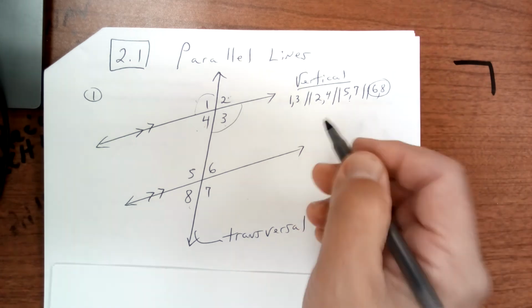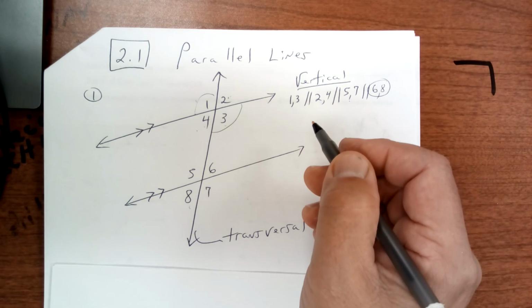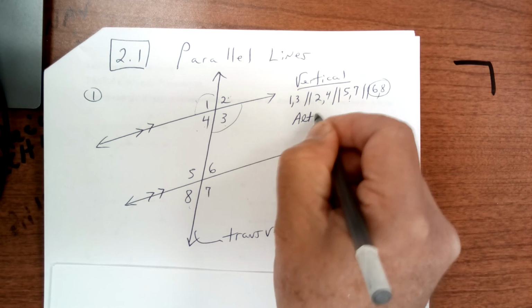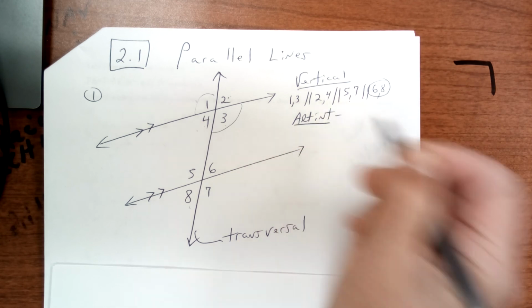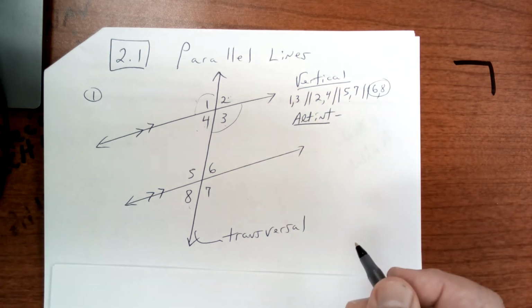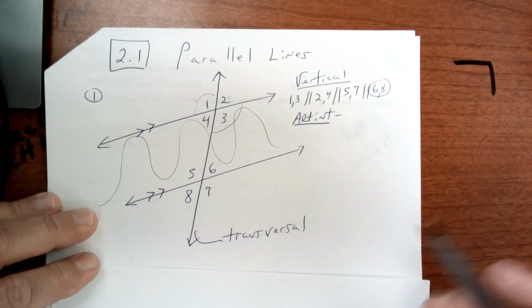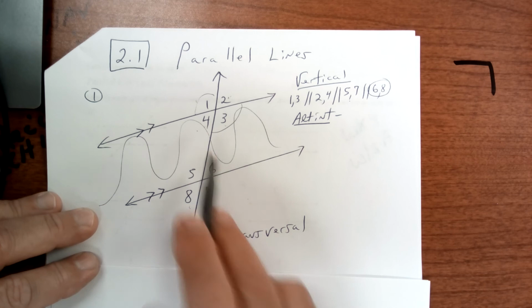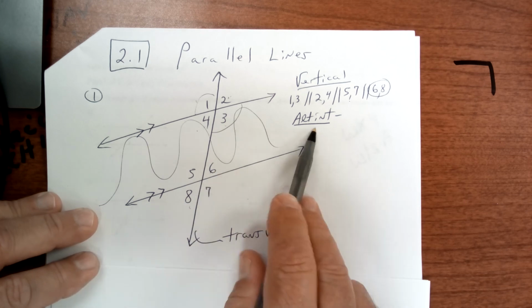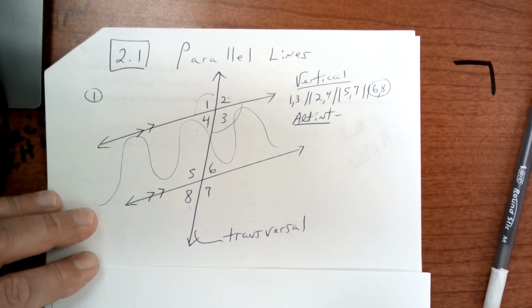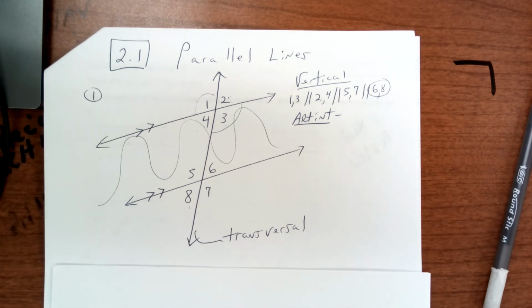let me think here. There's so many of them. We'll do alternating interior. Copy that down. Alternating interior. Well, the interior is anything in between the parallel lines, kind of like an Oreo cookie. So these are your interior angles. Alternating means it goes across the transversal. So there's my transversal, and it's kind of fat, and I'm looking for something skinnier, and I don't see it.